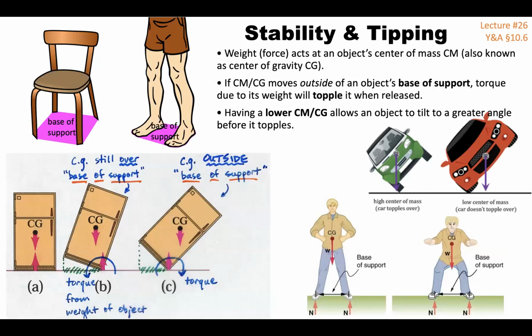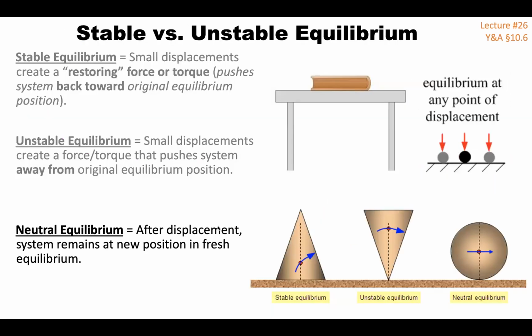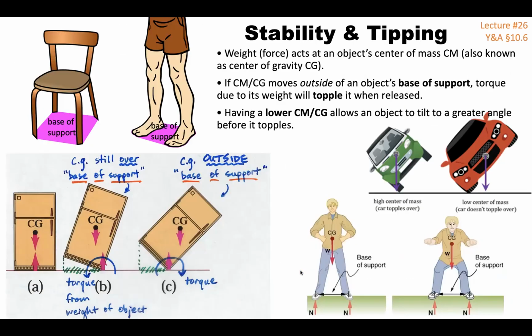Now, if we think about an object that is in equilibrium, and then we try and tip it over, as we were just talking about with this cone here, we introduce a concept which is called the base of support.